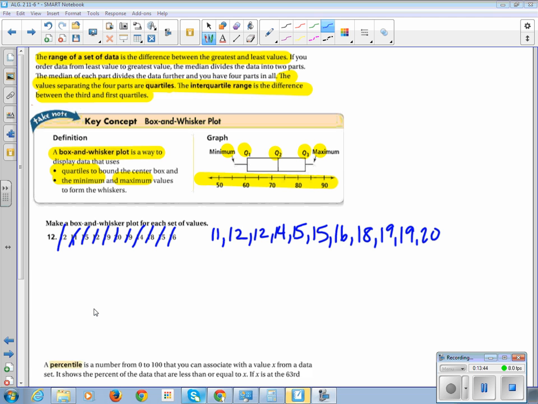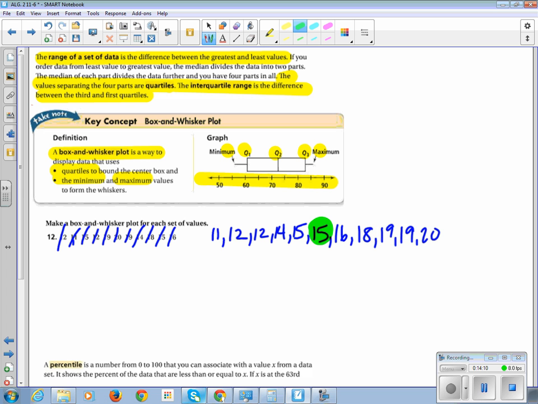All right, so now let's find the median. I have 1, 2, 3, 4, 5, 6, 7, 8, 9, 10, 11 data values. Odd number means I have 1 median. So let's find our median here. 1, 2, 3, 4, 5. 15 here is our median.